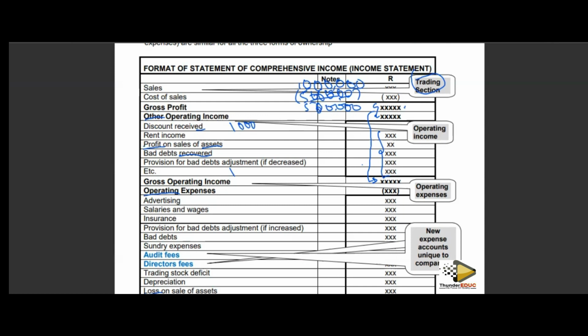So they have given us some examples. We have a lot of expenses: advertising, salaries and wages, insurance, provision for bad debts, sundry expenses, rent expense. Some of them are not listed here.